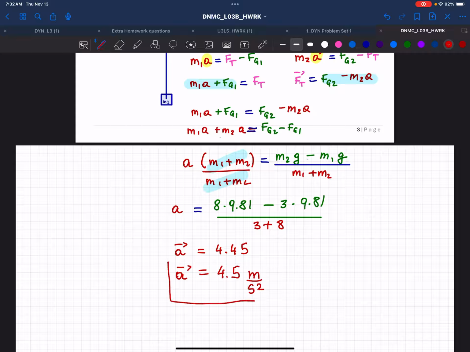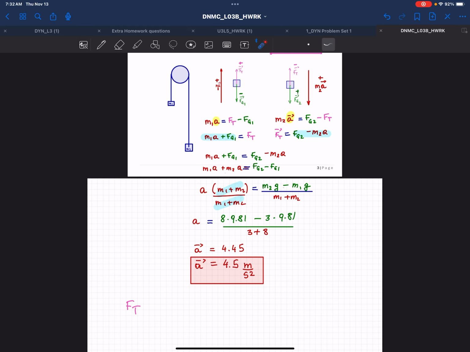Now, next we have to find the force of tension. And for tension, all we have to do is use either equation. You use whichever equation looks simpler to you. I'm going to use this equation right here. So let me just copy it. I will have M1A plus Fg1 equals Ft.